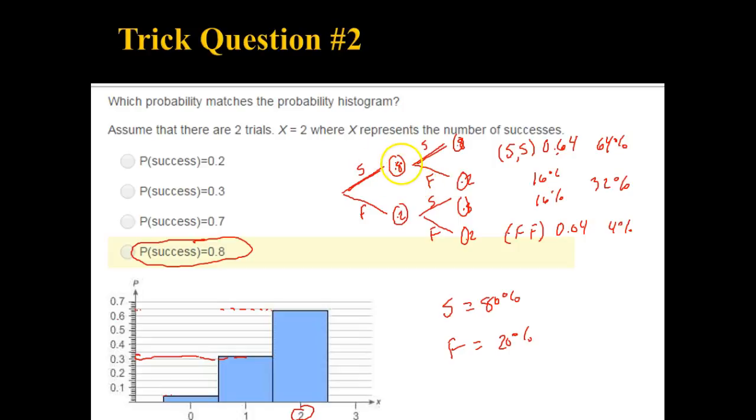And so the probability of 0.8 gives us the 64% for both things happening twice. Okay, so once we saw that, we were done. We knew what the answer was. We didn't have to figure out the probability of the failure or fill in the rest of the chart, but just so you get used to this, I went ahead and showed you that.